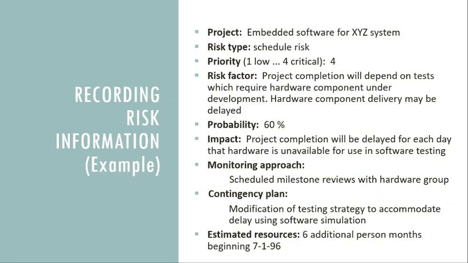Suppose there is a project, then definitely the project should have a name, so we give the name of the project. Then a risk type, and there may be so many risk types. In this example I'm giving, the risk type is a schedule risk, that is time-related risk for the project.